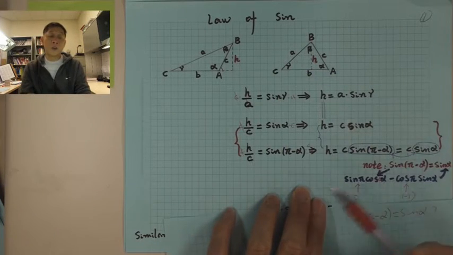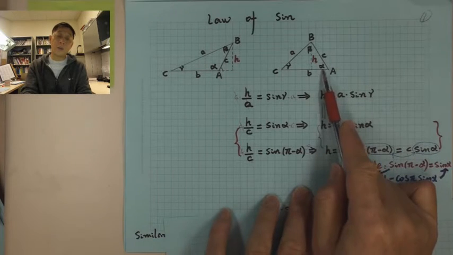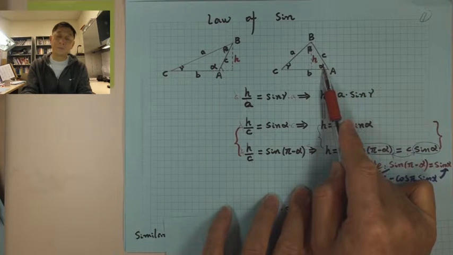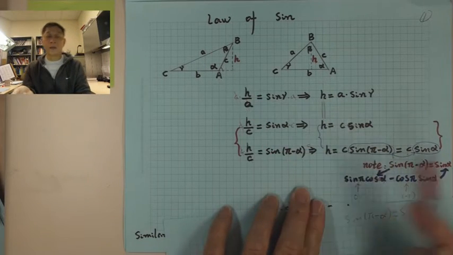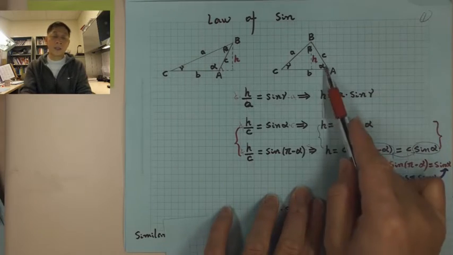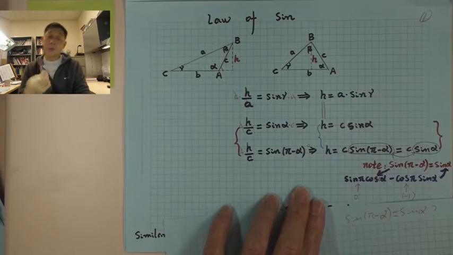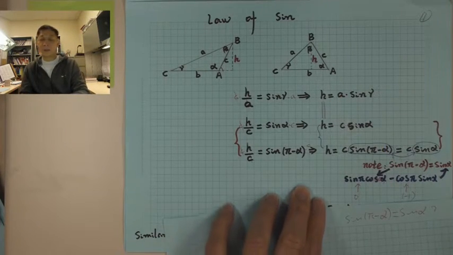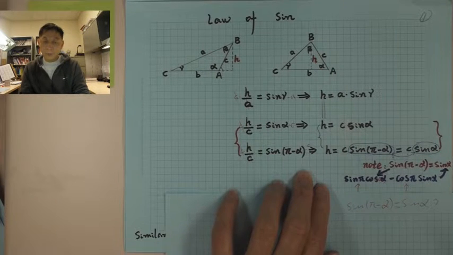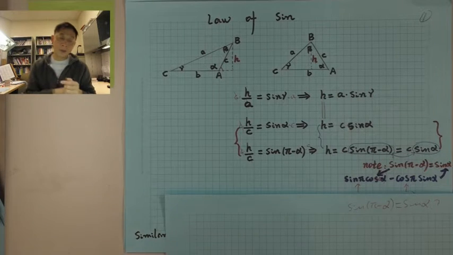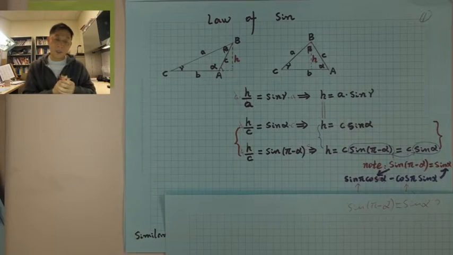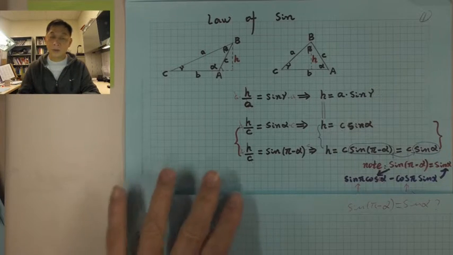These are the only two possibilities for alpha, because alpha can be less than 90 degrees, or greater than 90 degrees, or equal to 90 degrees. In that case, it will be a right triangle, and the case might be even easier.